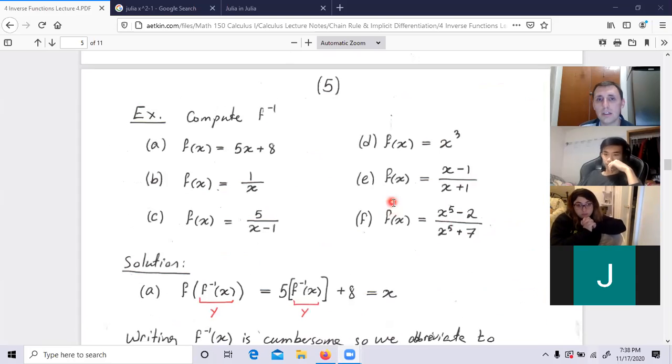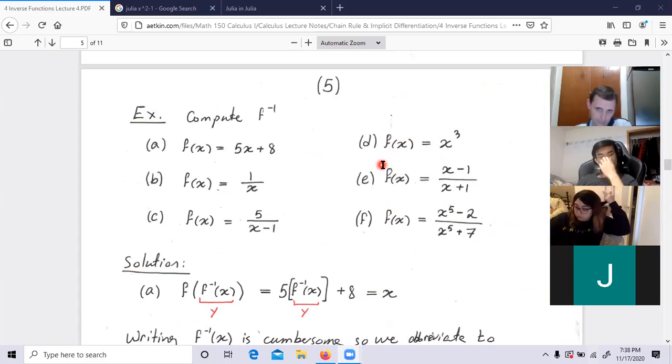All right. So now solve d and e, please. D is easy, e I think fairly easy as well. Okay, if it is, then what's D?